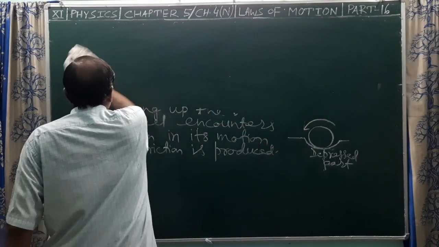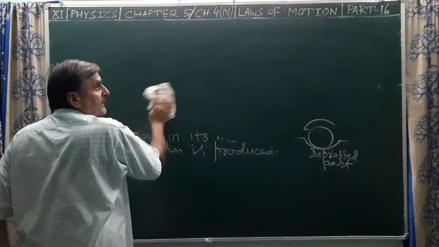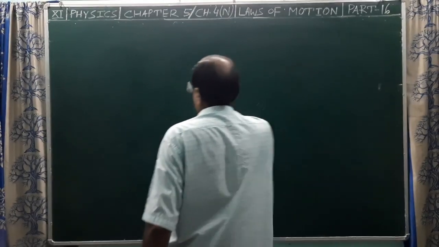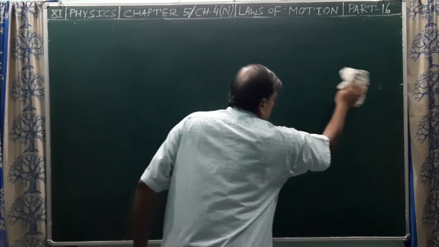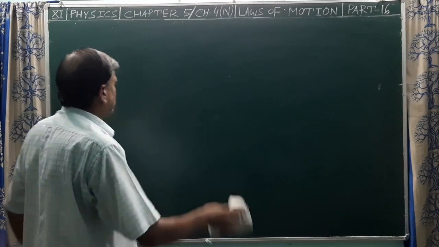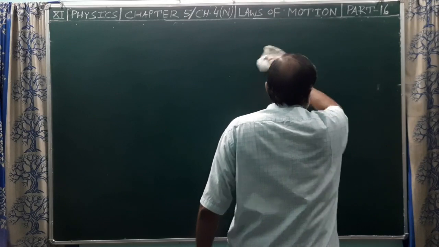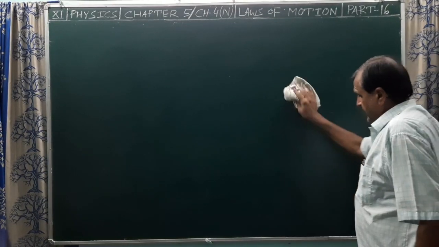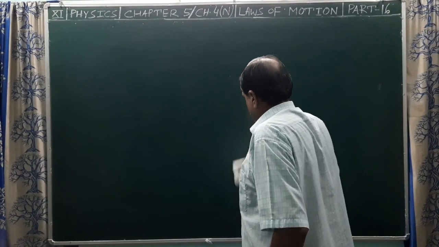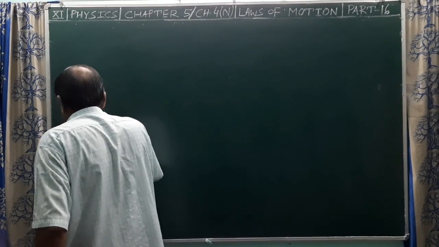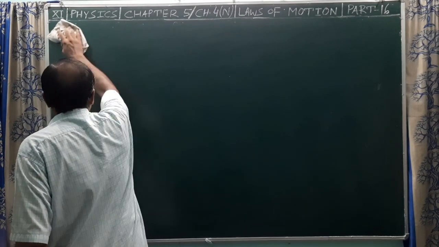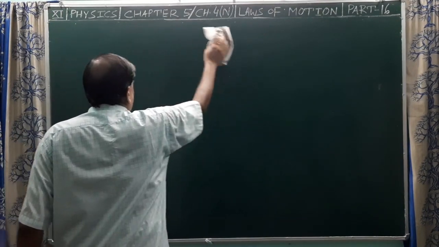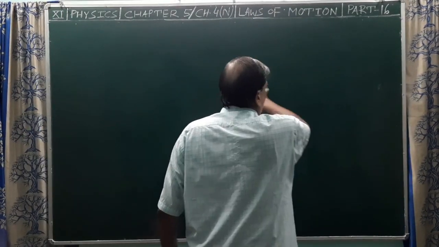motion of a block over a rough horizontal surface. When a block moves over a rough horizontal surface, then the block encounters opposition to motion in the form of kinetic friction or sliding friction.